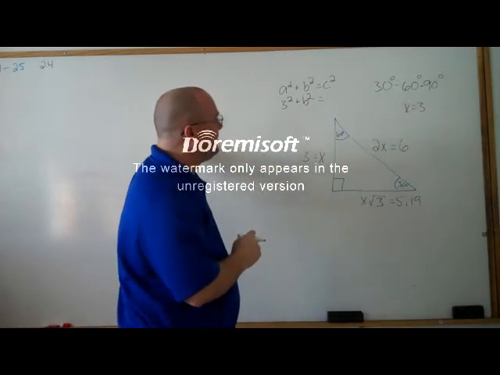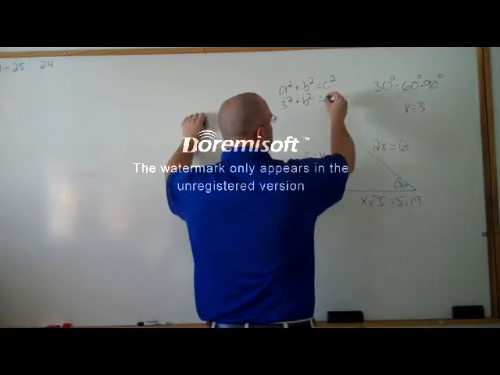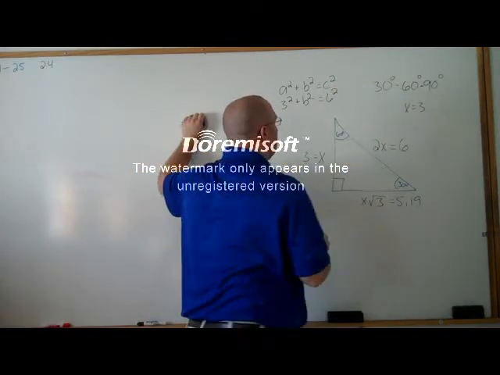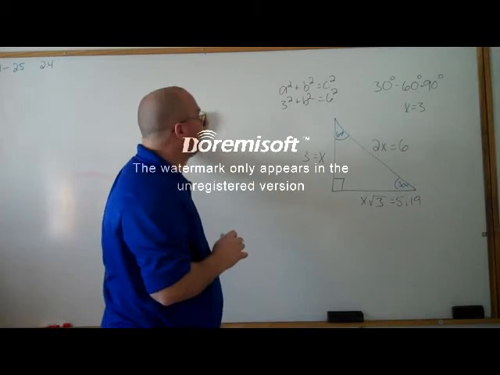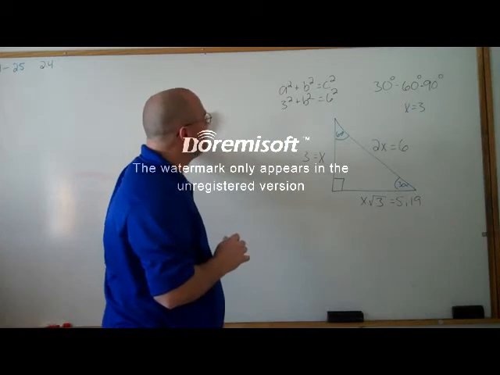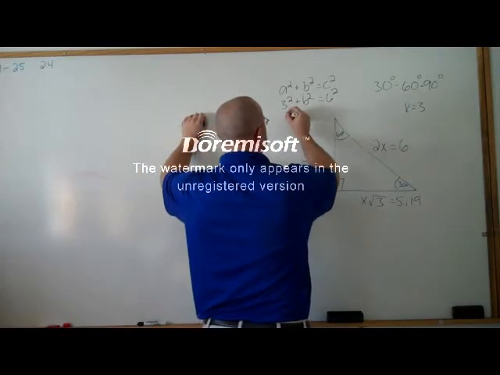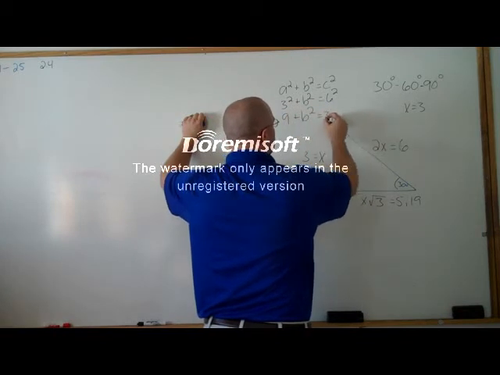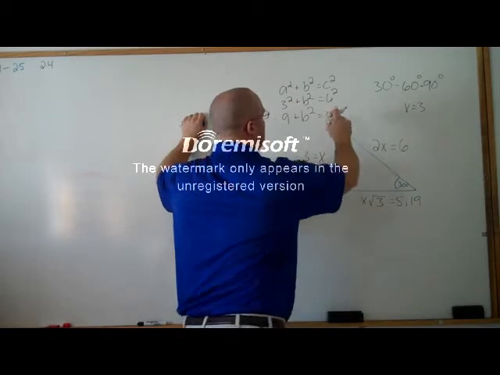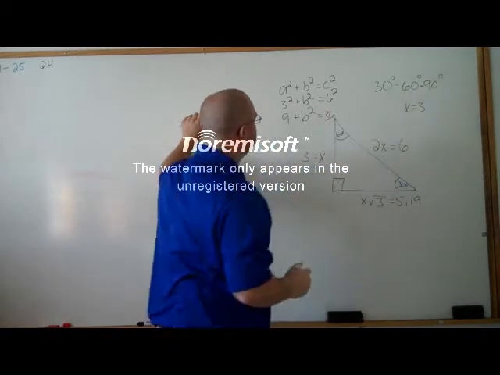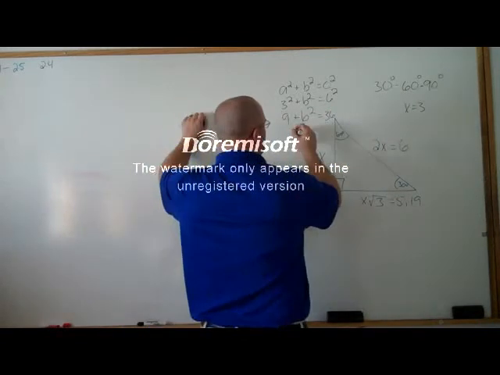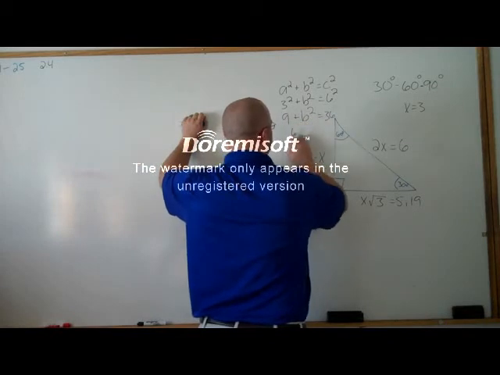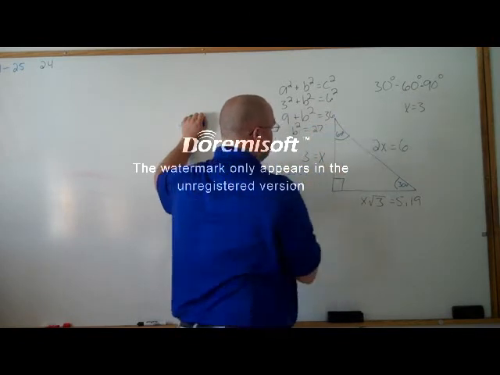Plug it in here. 3 is 6. This is going to be 6. Right? So 9 plus b squared equals 36. So now b squared equals 27.